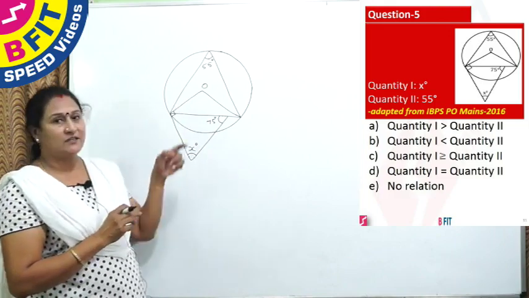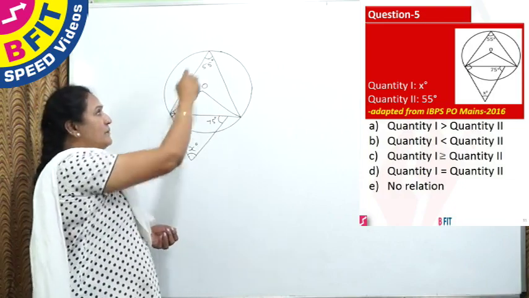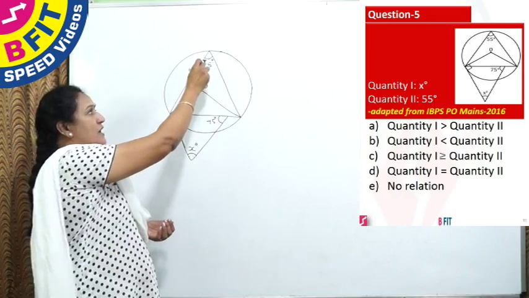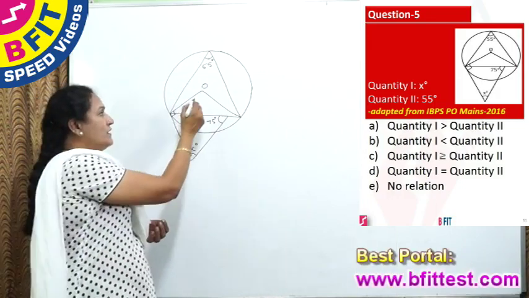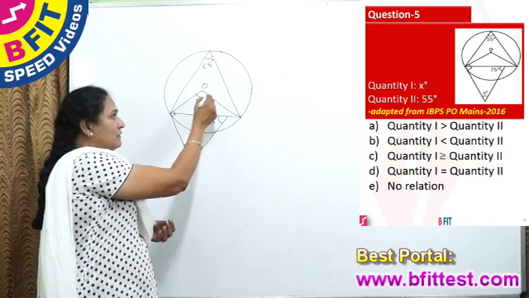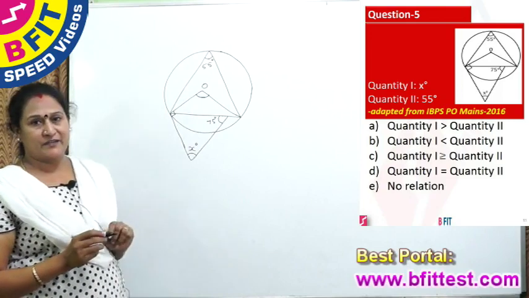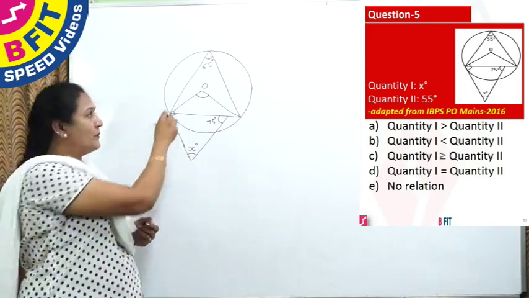So there is a circle whose center is O. There is an inscribed triangle in this circle. The angle at one vertex of this triangle is given as 55 degrees. To find this angle, the angle at the circumference will be half of the angle formed at the center.